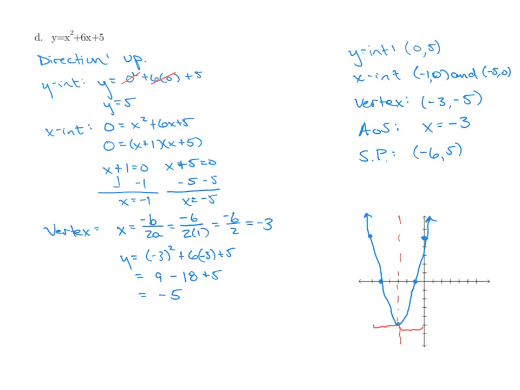And now let's go ahead and label our key points. So we have -6, 5, 0, 5, -5, 0, -1, 0. Our vertex is -3, -5, and our axis of symmetry is x equals -3.